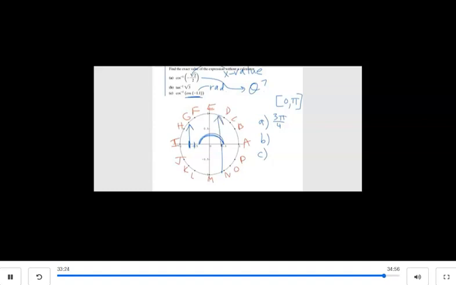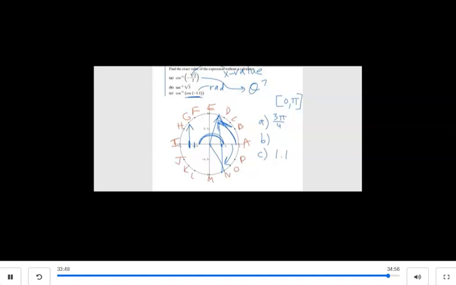So what angle measurement is from here to here? Well, if this angle measurement was negative 1.1 radians, then the other direction would have to be positive 1.1 radians. Notice that they're going in opposite directions, but they have the exact same x value.